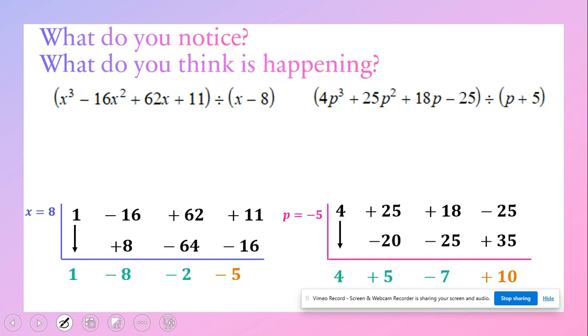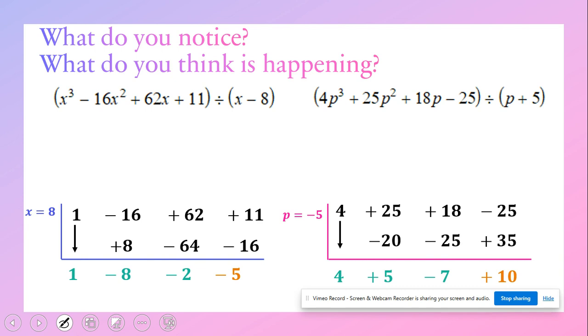So, first things first, here are 2 division problems now that we're kind of warmed up. Take a second. What do you notice, and what do you think is happening here? Our first problem says x to the third minus 16x squared plus 62x plus 11 being divided by x minus 8. What do you notice? What's going on? I'm kind of front-loading you here to see if you can recognize any patterns.